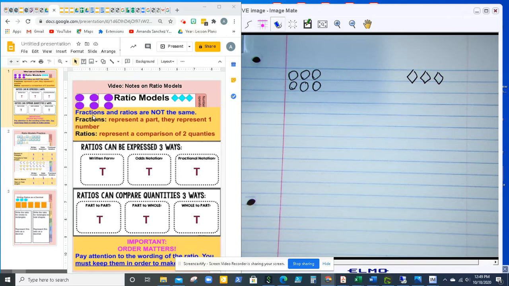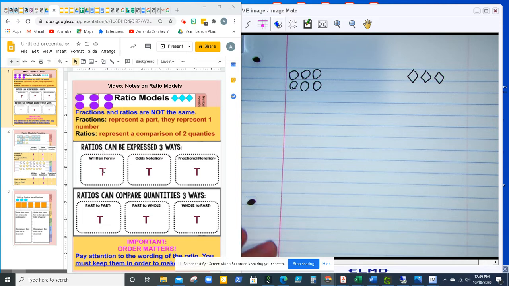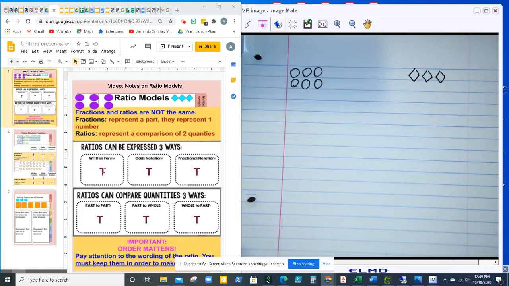All right. So fractions and ratios are not the same. Fractions, remember, are only a part, and they represent just one number. Ratios compare two different things. If we wanted to express this one ratio in 3 different ways, one way is in written form.